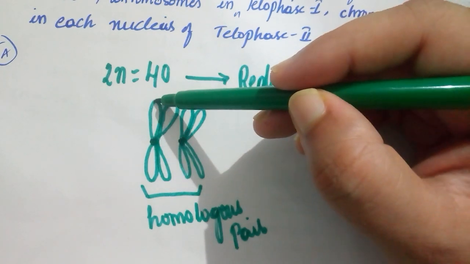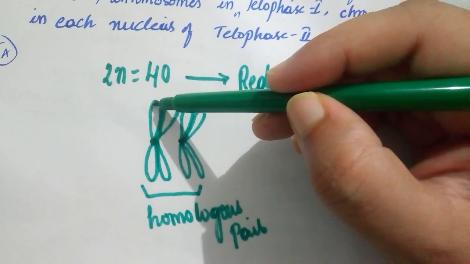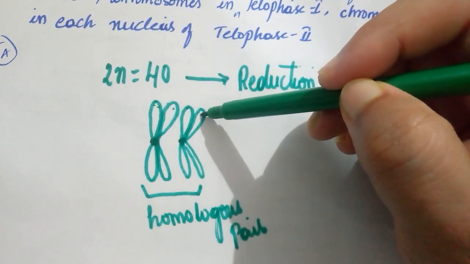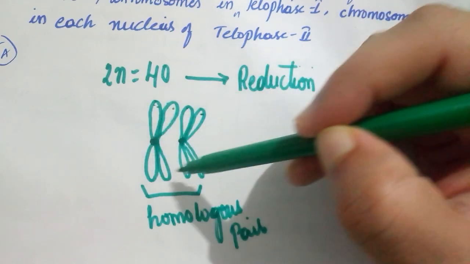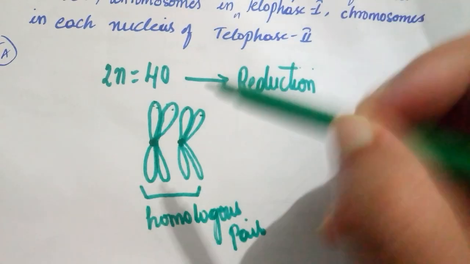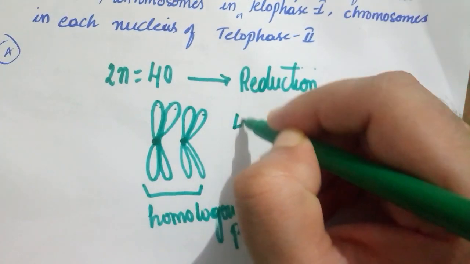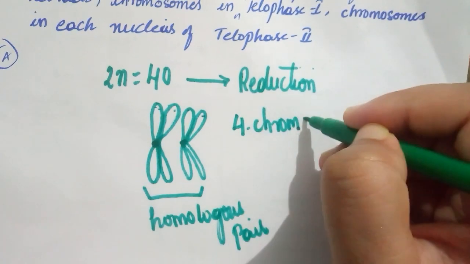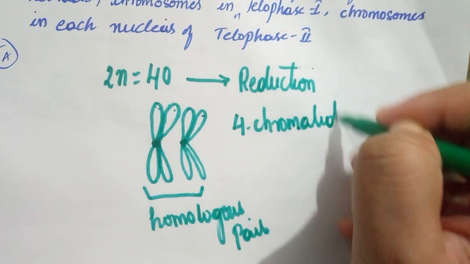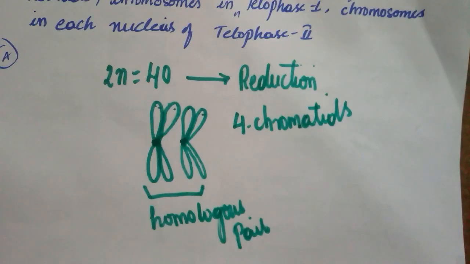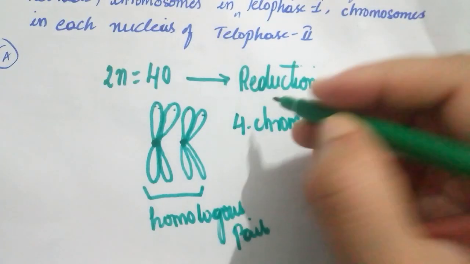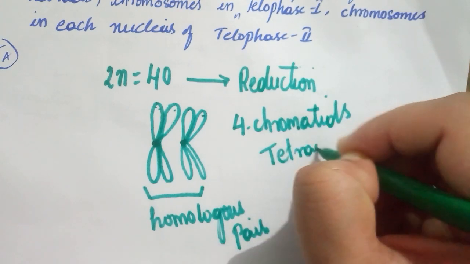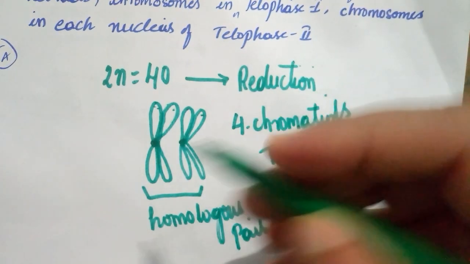So this is one chromatid, this is the second chromatid. So in a homologous pair, how many chromatids are we having? Four chromatids. Because four chromatids are there, this is called one tetrad.